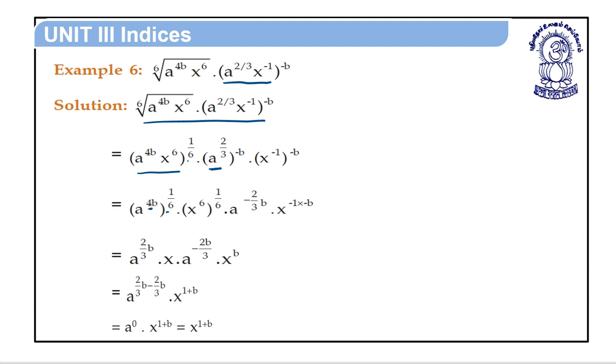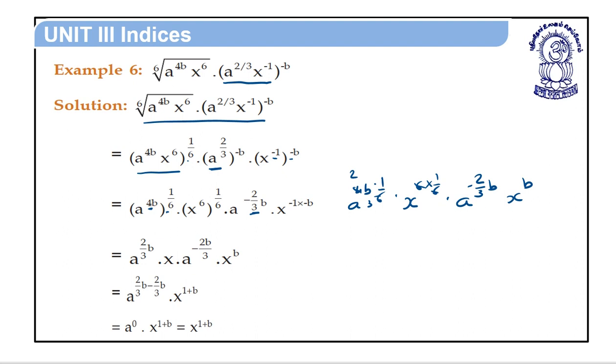Same way a 2 by 3 minus b, so minus 2 by 3b, minus 1 minus b, minus plus, x raised to b. 2 2s are 4, 2 3s are 6, 6 cancel.